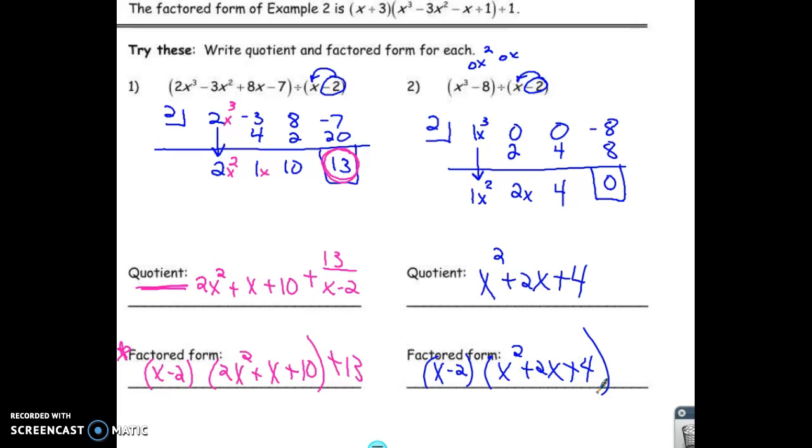There you go, folks. Again, please make sure that in your quotient, your remainder goes over what we were dividing by. That's your quotient. When you do your factored form, the remainder just gets tacked on at the very end.